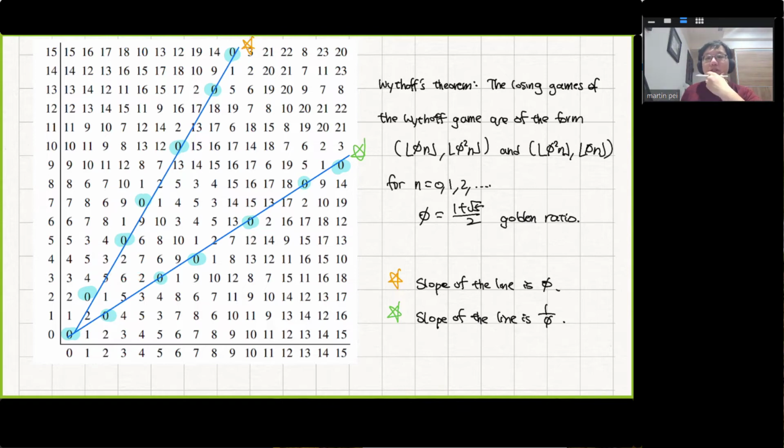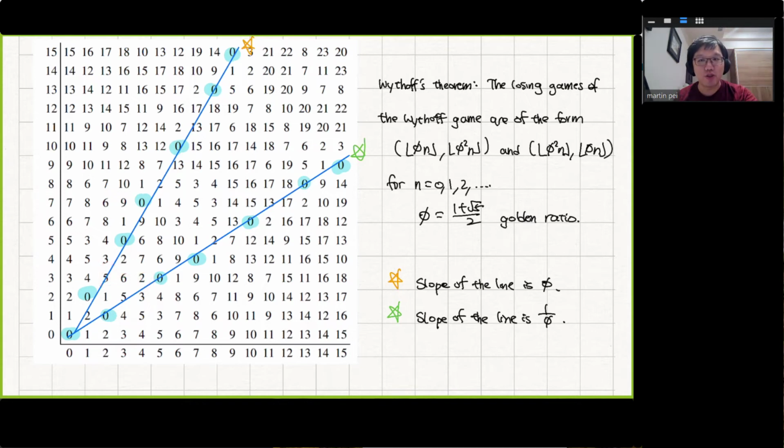For example, if we take this game plus the NIM game of star 5, I can get a losing game by moving 2 to star 5.